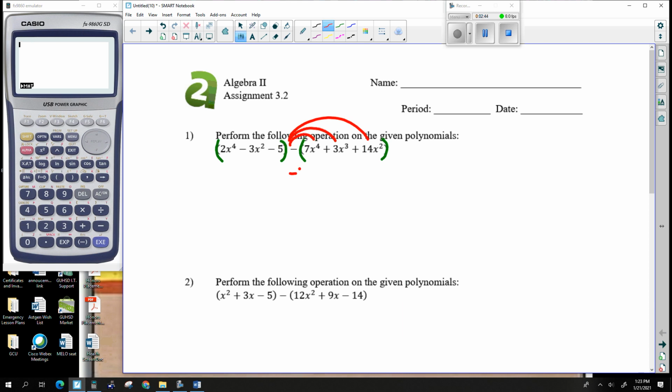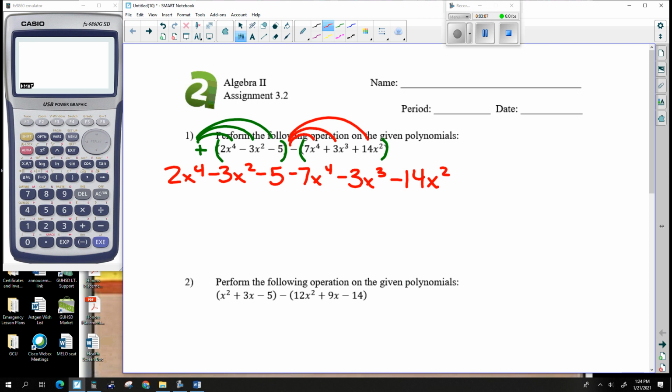So this would become a negative 7x to the fourth, a negative 3x to the third, and a negative 14x squared. This first parentheses isn't affected. There's a positive number out there, so it is not affected. So this is still a positive x to the fourth, a negative 3x squared, and a negative 5.